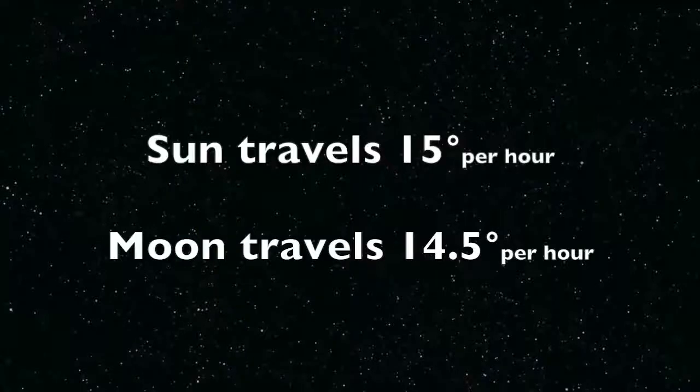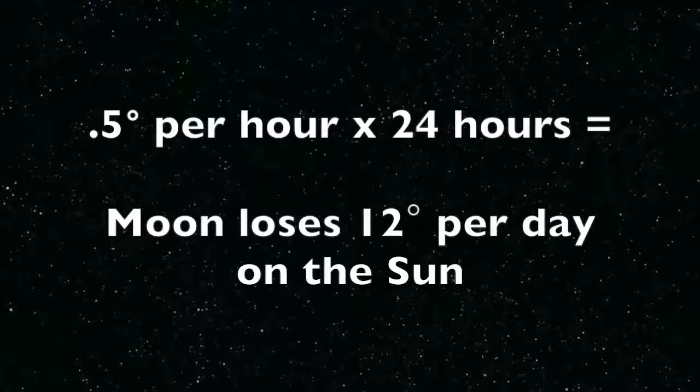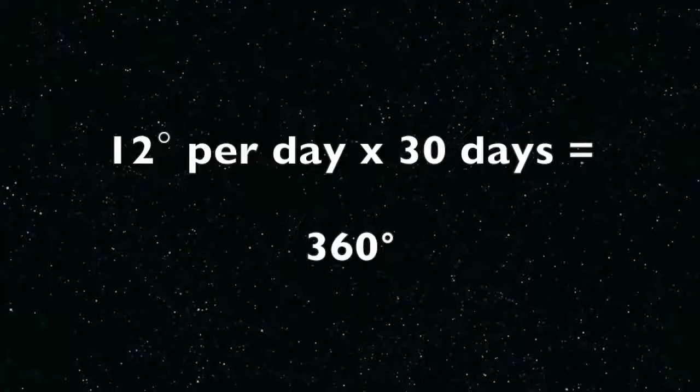It only moves 14.5 degrees per hour. This means that the moon loses half a degree on the sun per hour. So for 24 hours in one day, the moon loses 12 degrees on the sun per day. 12 degrees per day times 30 days, which is roughly one lunar cycle, gives you your 360 degrees. It's this 12-degree loss per day that causes the phases of the moon.